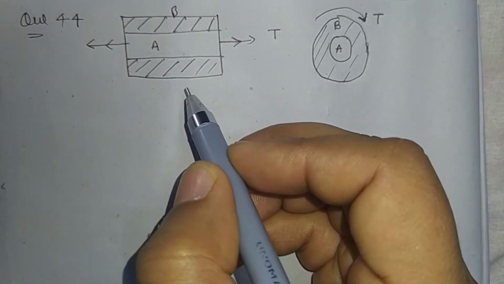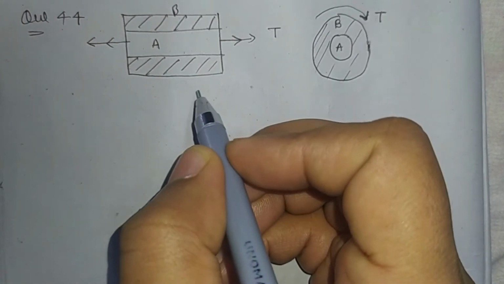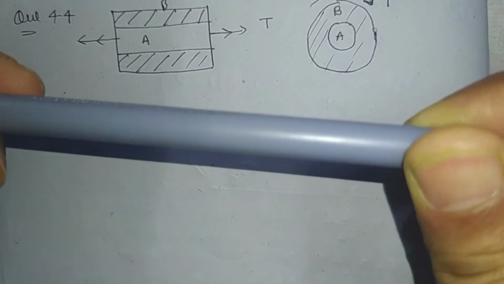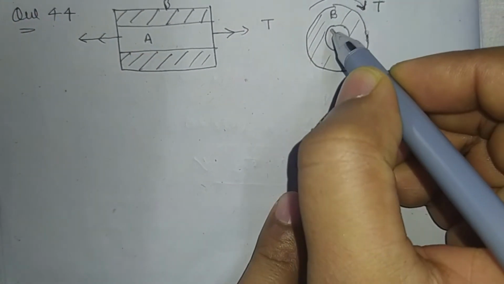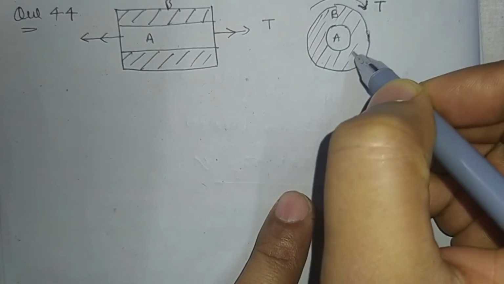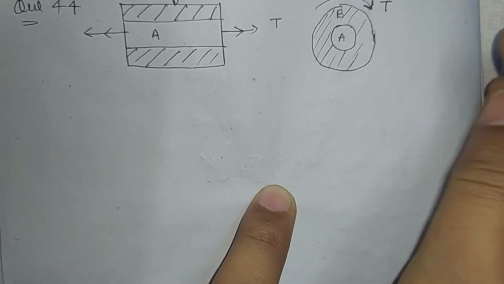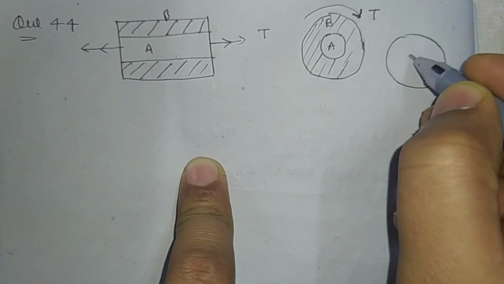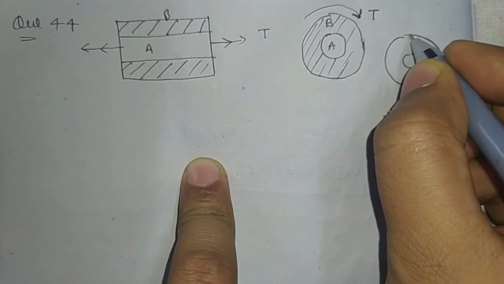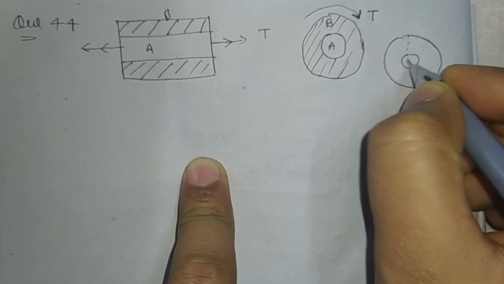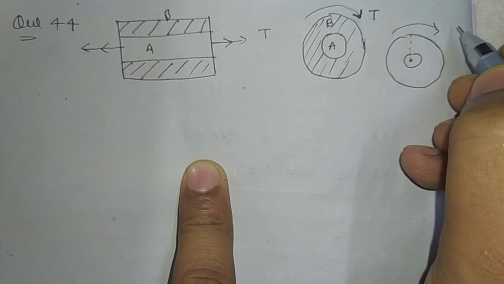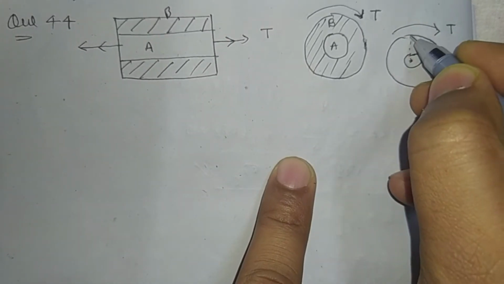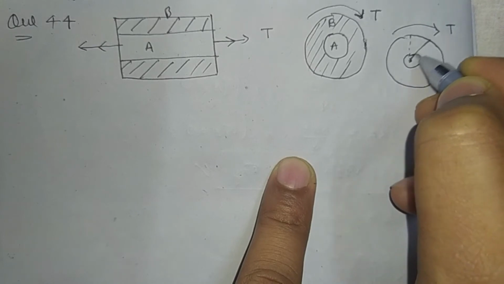As the shaft is composite, if it is subjected to any torque, the strain or the angle of twist will remain the same in both materials. For example, let's say this is some imaginary line, and now we are applying the torque, then this line will shift to like this.